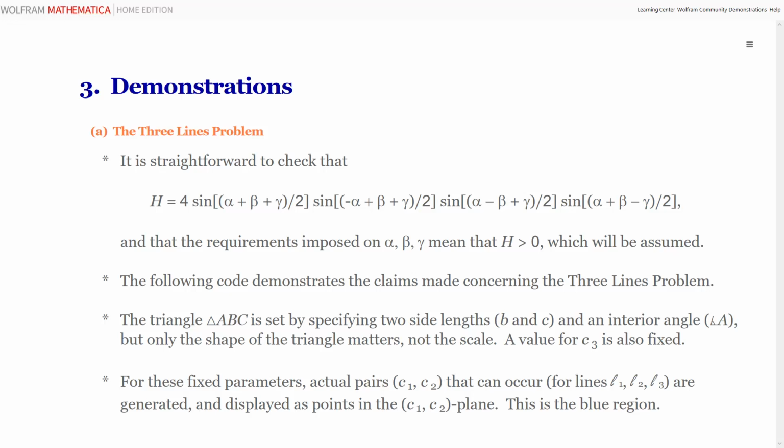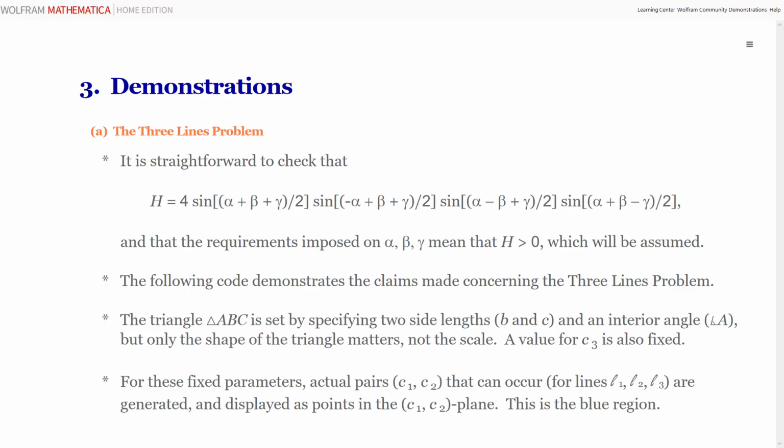So together with the parameters that were fixed, namely the interior angles and also the angle gamma, we're basically looking for the alpha and beta that will lead to an affirmative answer to the lines problem, right?